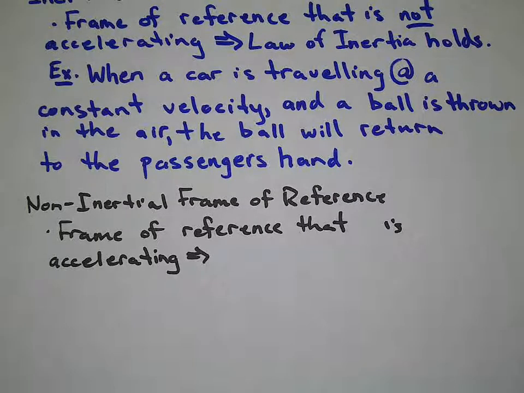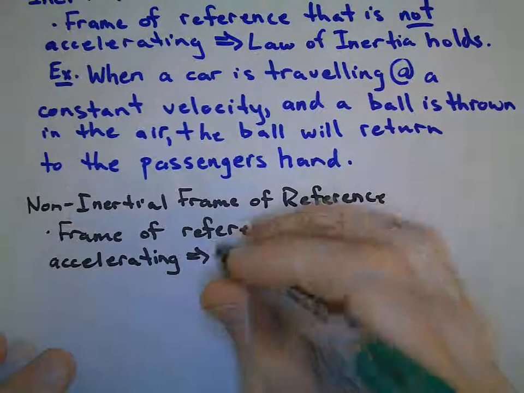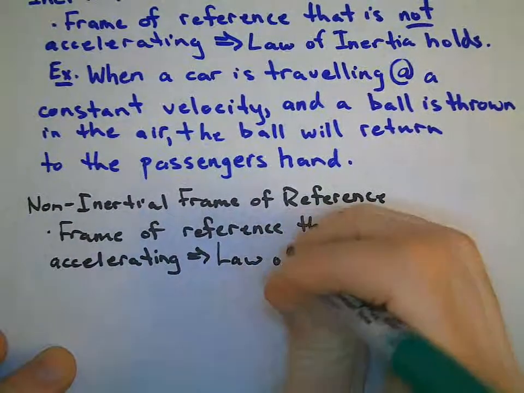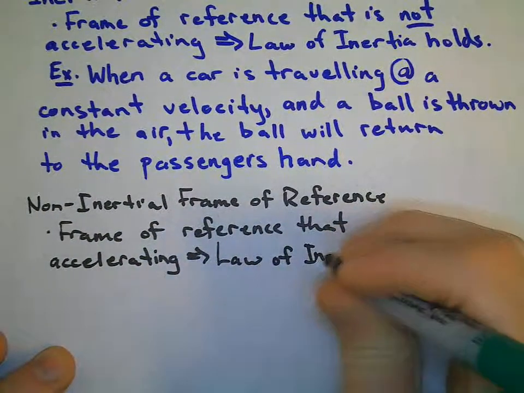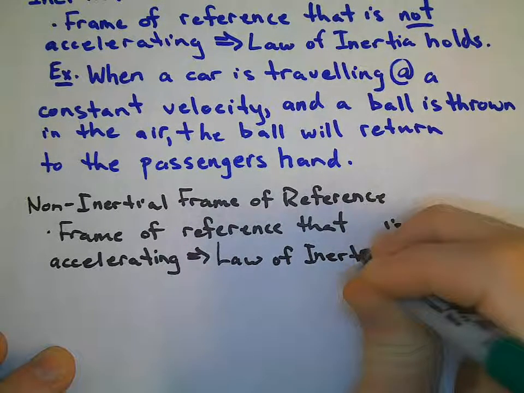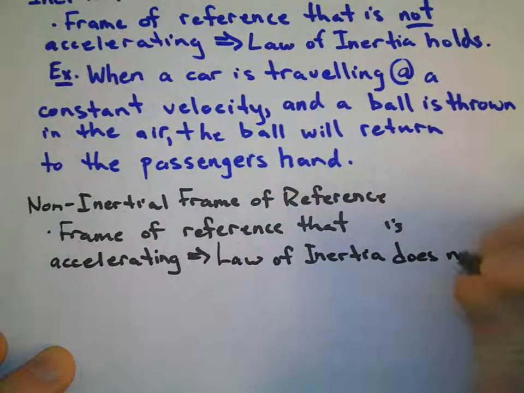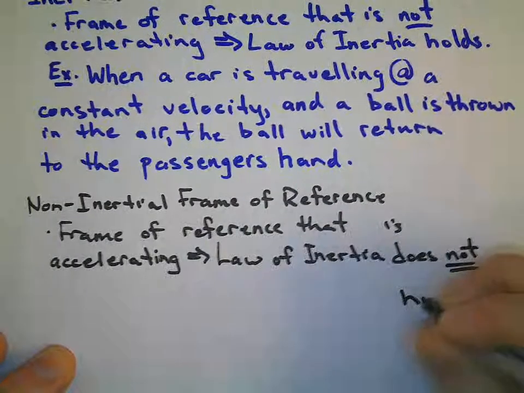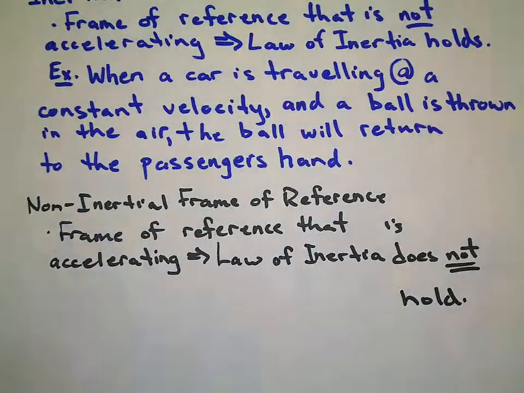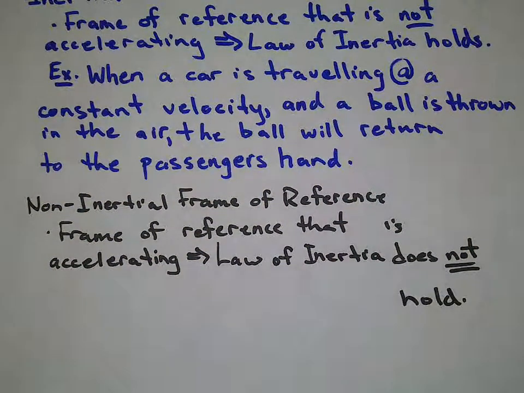And if our frame of reference is accelerating, what does this tell us? That tells us the law of inertia does not hold. So how do we observe these non-inertial frames of reference?